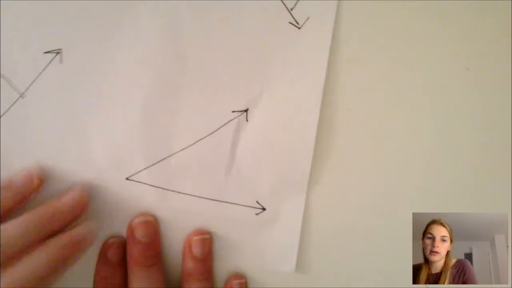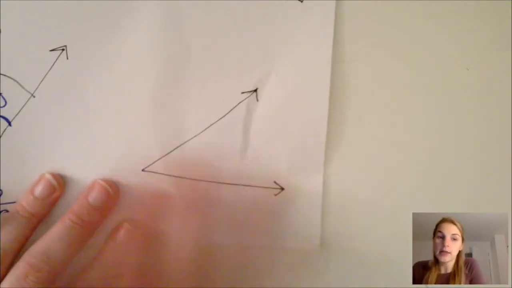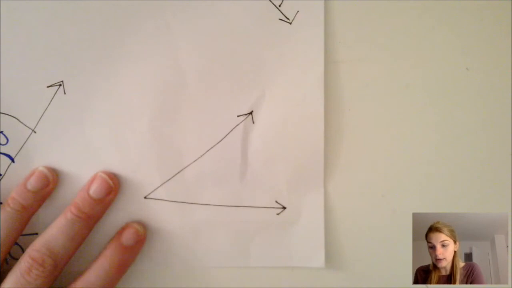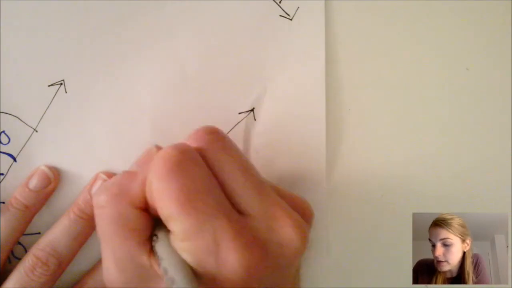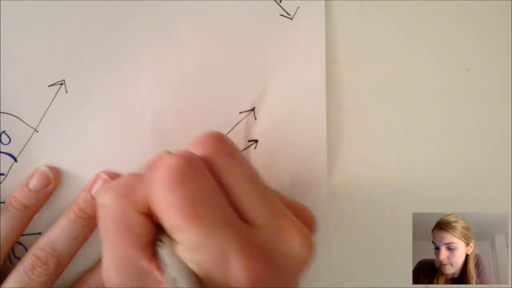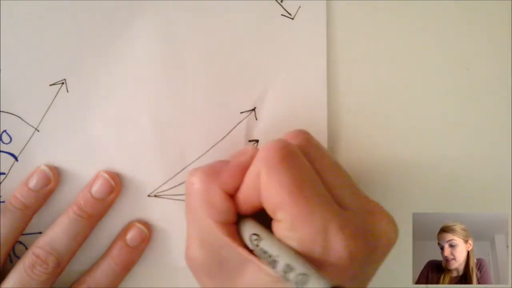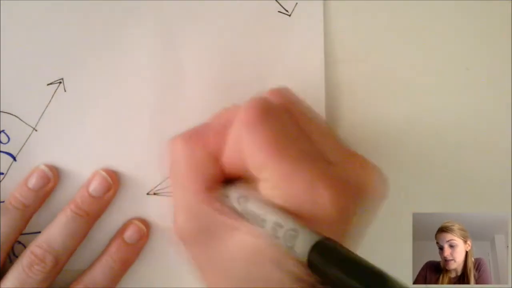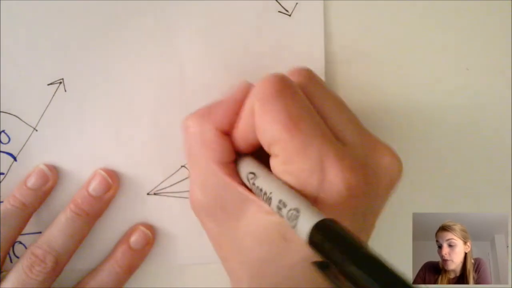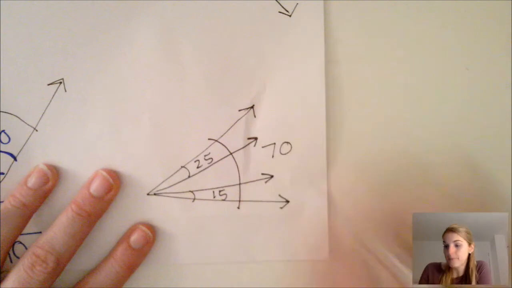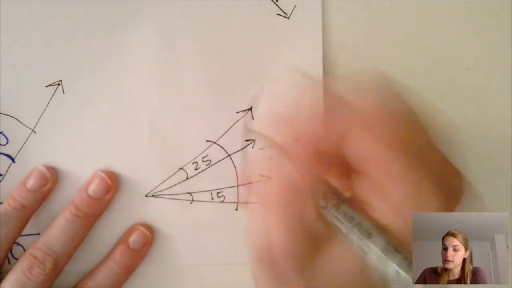I'll try one more. This angle right here we can see is another acute angle because it's less than 90 degrees. And let's say that this one is split up into 3. All right, and let's say that this is 15 and this is 25. And we know that the whole thing is 70 degrees.